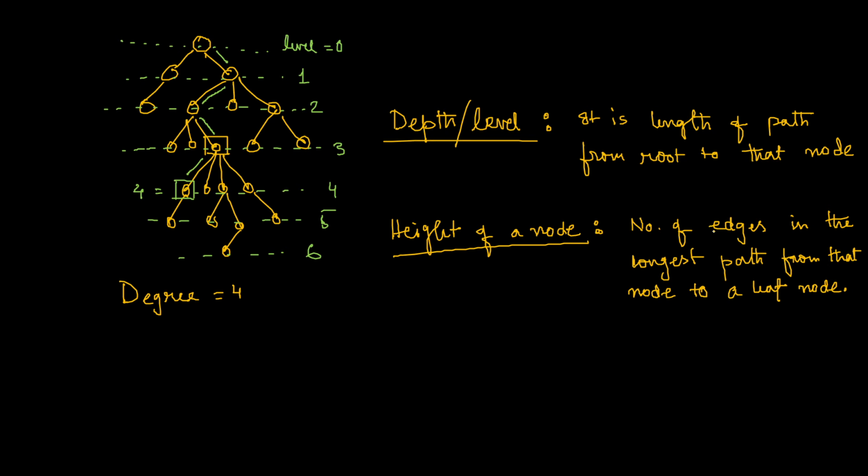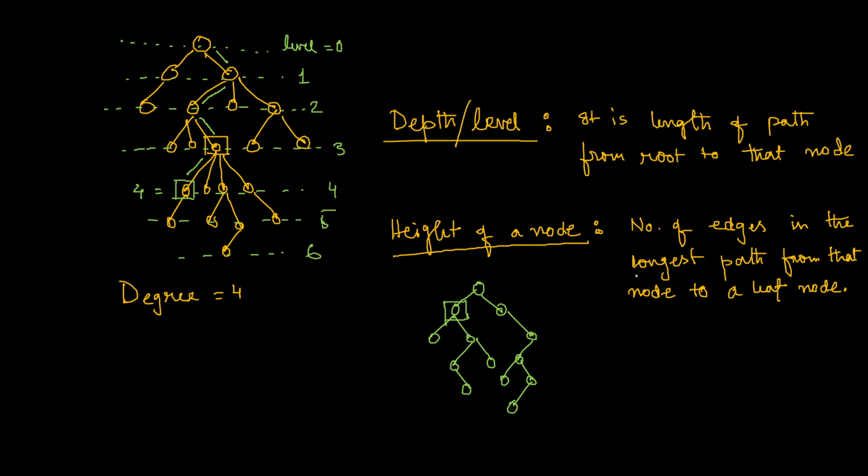This is important. Why? For example, if you take a simple tree something like this, and someone asks you what is the height of this particular node, it is given as the number of edges in the longest path from there.